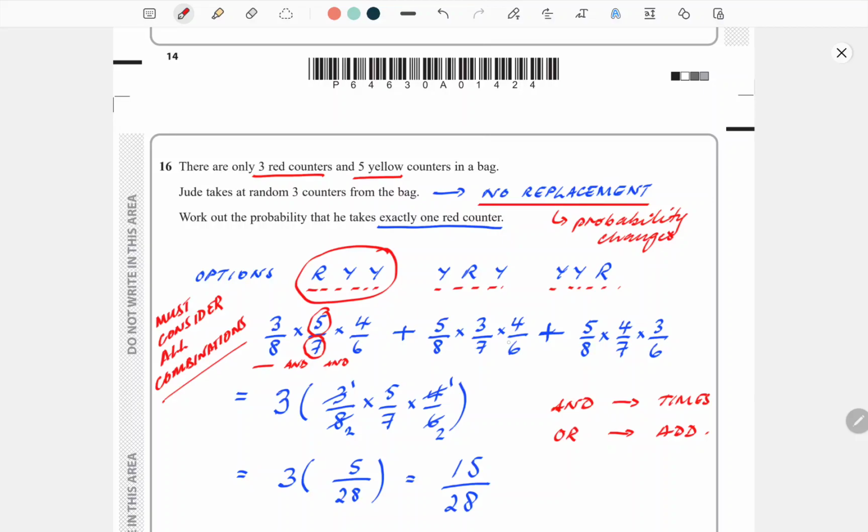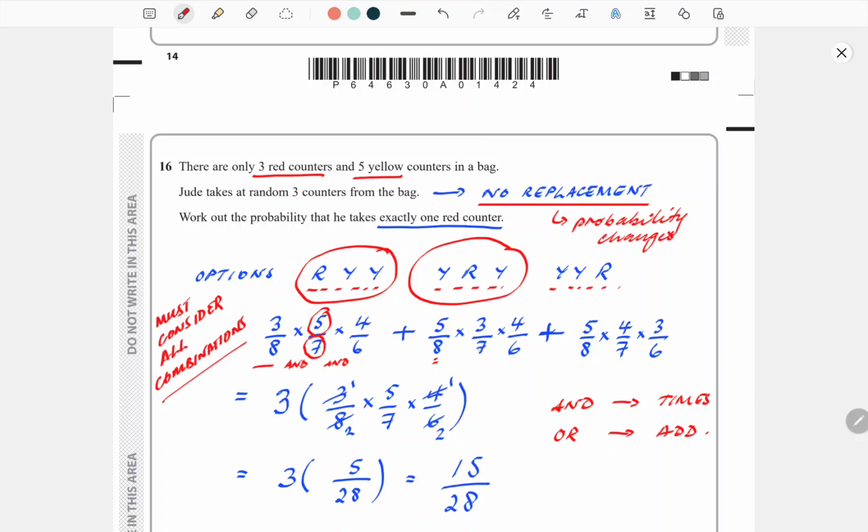Okay. The second combination is yellow, red, yellow. Like that. And we do the same process again. So first yellow must be 5/8. The probability of picking a yellow first is 5/8. The second counter being red would be, well, there's still 3 red counters in the bag, but there are a total of only 7 left.